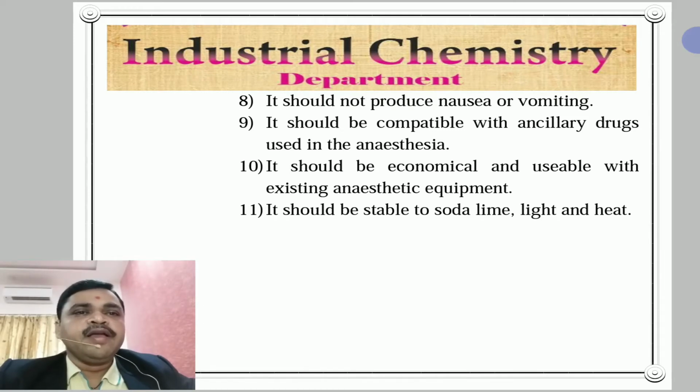We have some equipment in which we use anesthetics, so it should be economical and usable with existing anesthetic equipment. And number 11, it should be stable to soda lime, light and heat. So these are the 11 points of an ideal anesthetic.